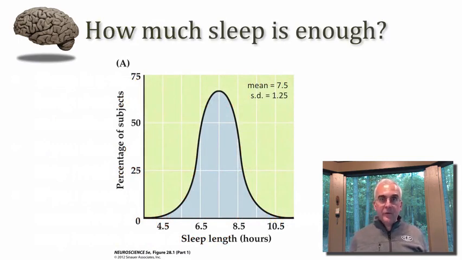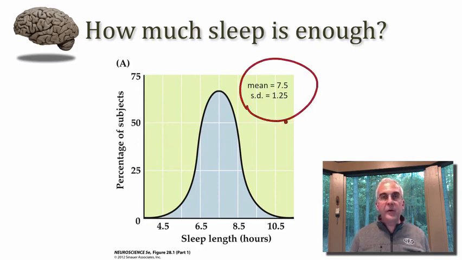Well, this is a distribution of sleep time for a large cohort of individuals, so I think these data are fairly reliable. They seem to be fairly consistent across human cultures and across time. And it seems as though what we require is somewhere in the order of 7.5 hours of sleep. But of course, this is just population data.